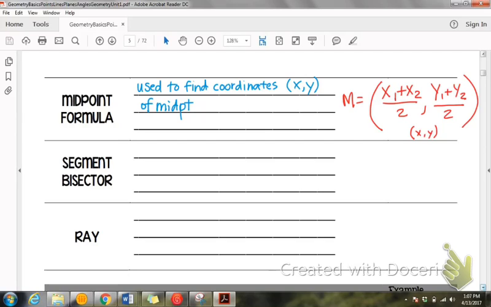So a segment bisector cuts a segment into 2 congruent parts. And we're going to use our congruent symbol there. A segment bisector cuts a segment into 2 congruent parts.